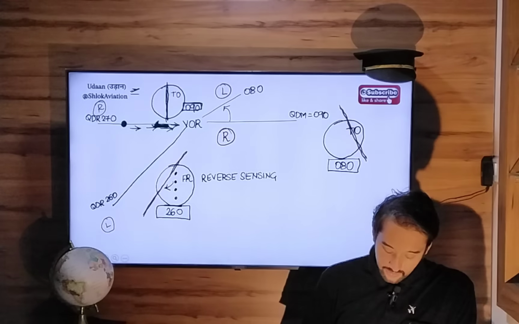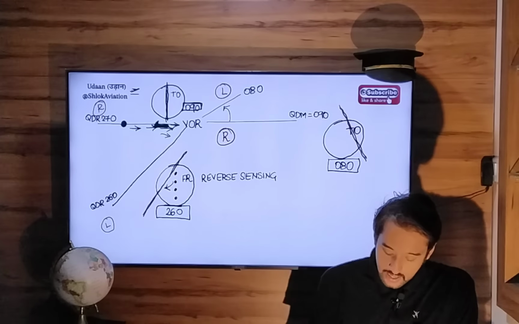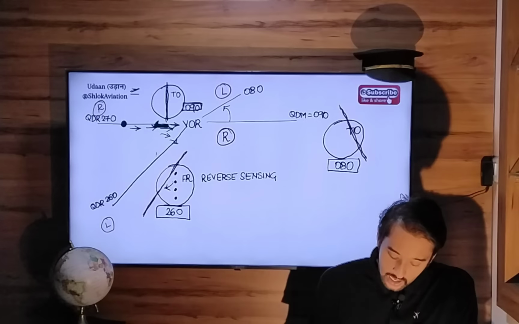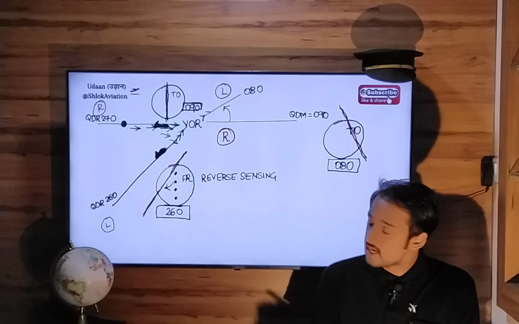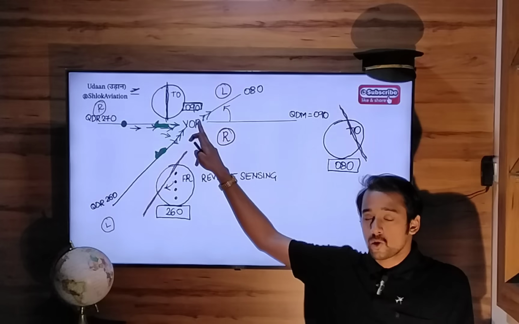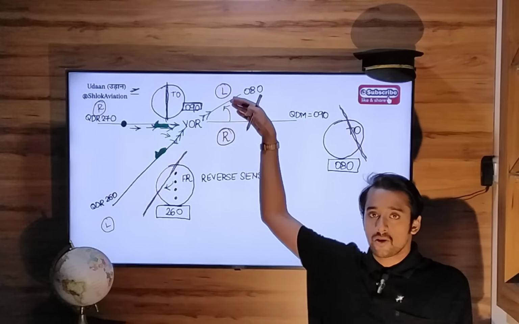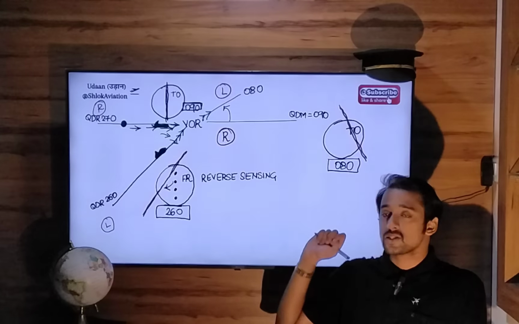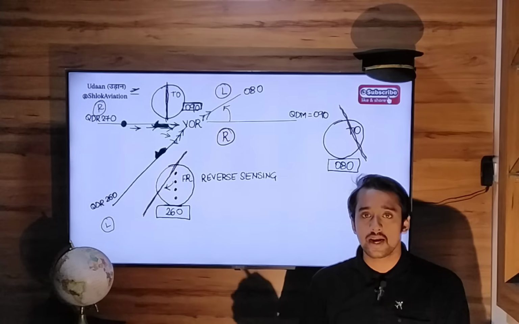So your aircraft will have to turn right and fly along this radial 260 towards the VOR. When it does that, it will overfly the VOR and automatically find itself on radial 080 going away from the VOR. That's why we have put 080. So this is how such sums are done. With practice, you will get comfortable.